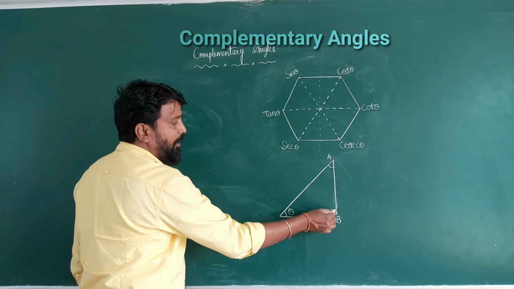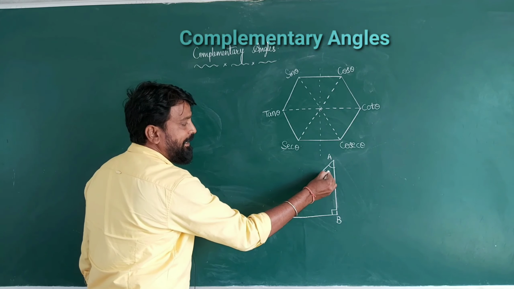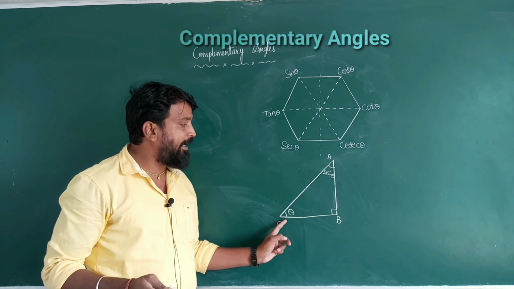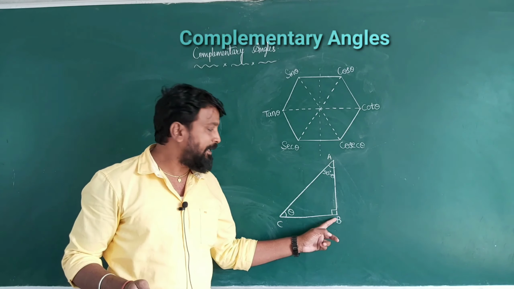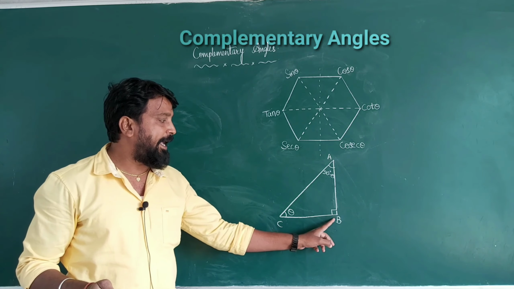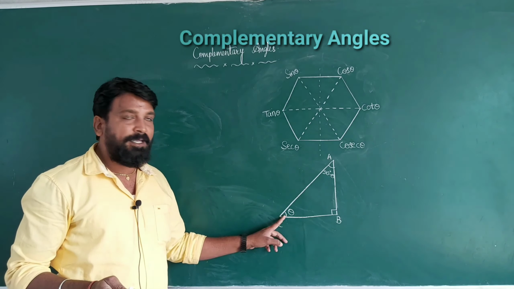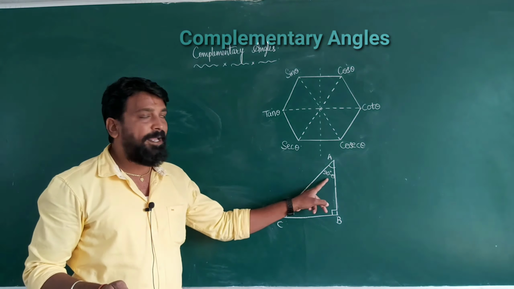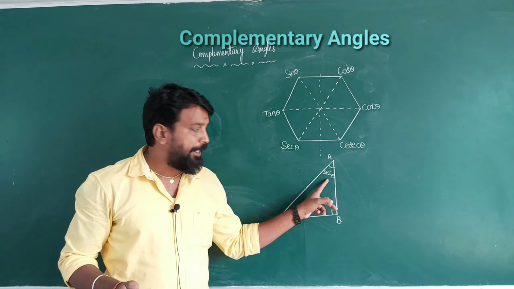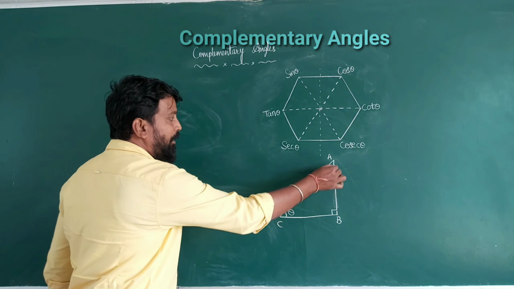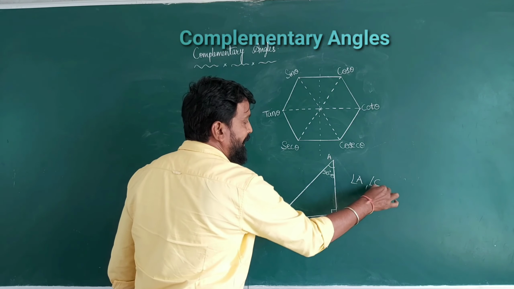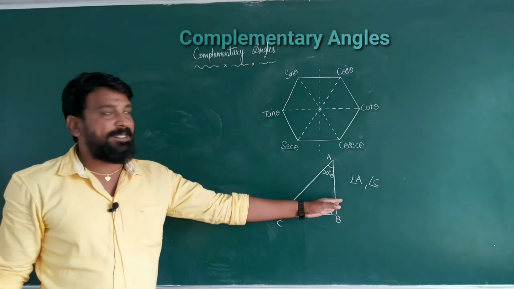Obviously 90 minus theta. Why? Because the sum of the three angles in a triangle, we already know, is 180 degrees. So angle A is equal to 90 minus theta, and angle A and angle C are complementary angles.